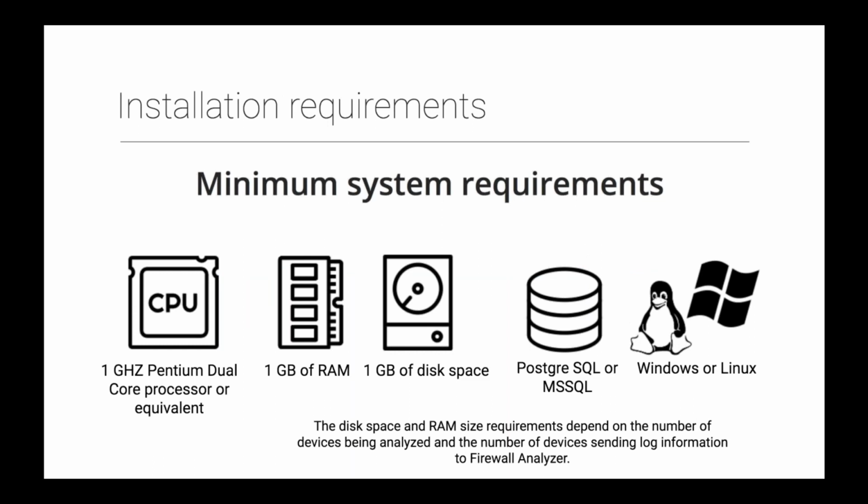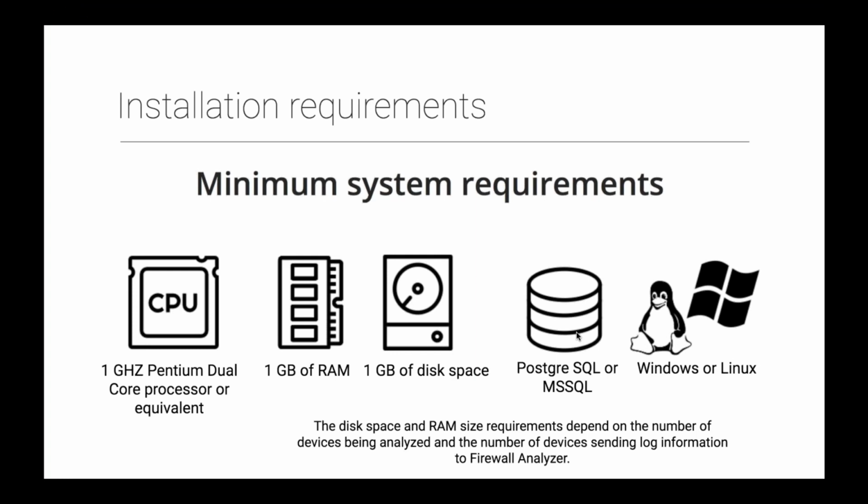So listed here is the basic installation requirement. Firewall Analyzer can be installed on a Windows or a Linux system. All the syslogs received by Firewall Analyzer by default is stored in PostgreSQL DB. If needed, you can also configure the syslogs to be stored in MS SQL Server.